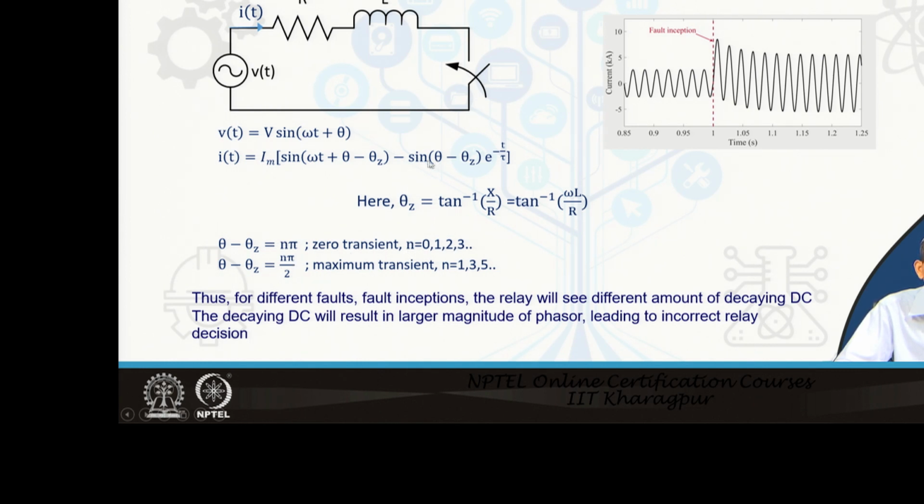If theta minus theta z is an odd multiple of pi by 2, the sine becomes 1. So, the maximum transient will be for n equal to 1, 3, 5 and so on, multiples of pi by 2. The decaying DC will be prominent in that case, and it is not available in the other case.